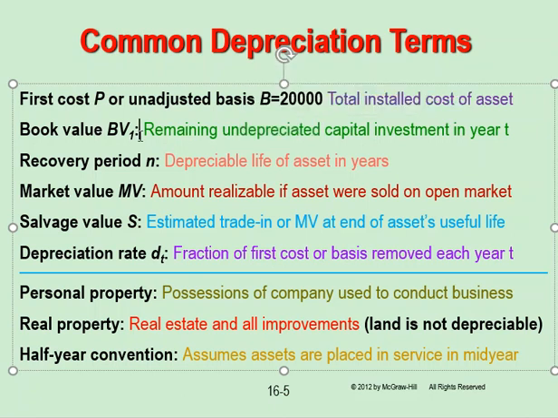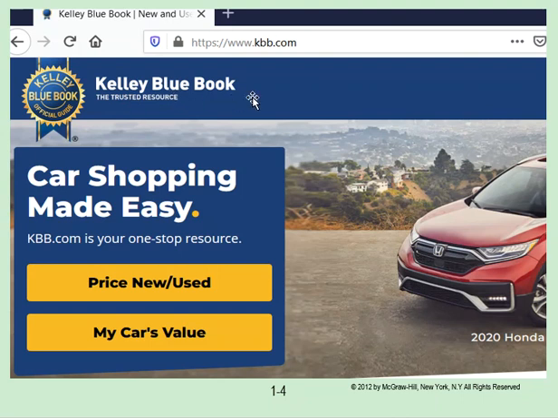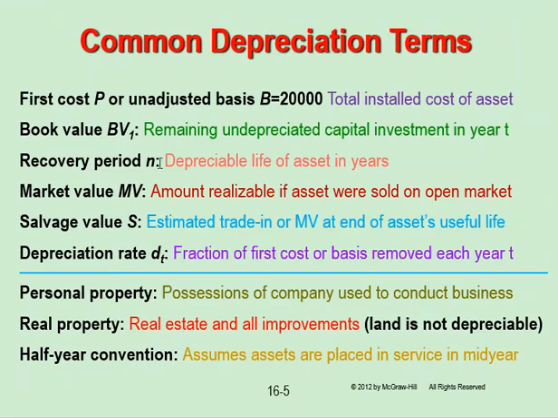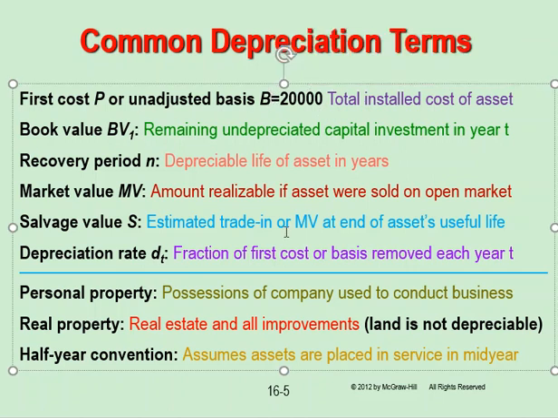The book value is how much my car is worth after 1 year. Let's say my initial cost, or total installed cost, of that car was $20,000. If I went to a website like Kelly Blue Book, and it tells me your car now, 1 year after you bought it, is $18,000, would $18,000 be B or BV1?